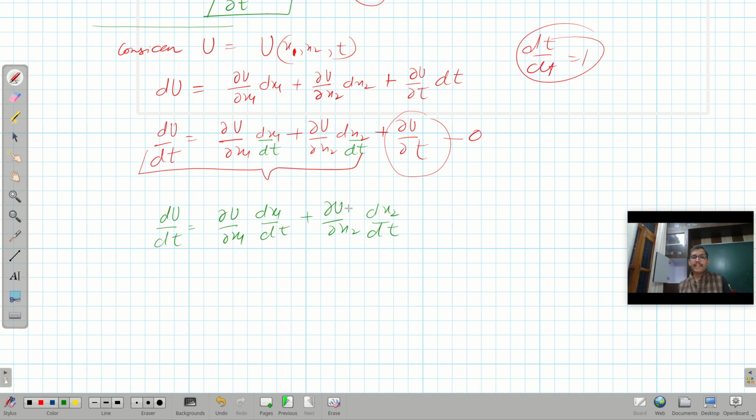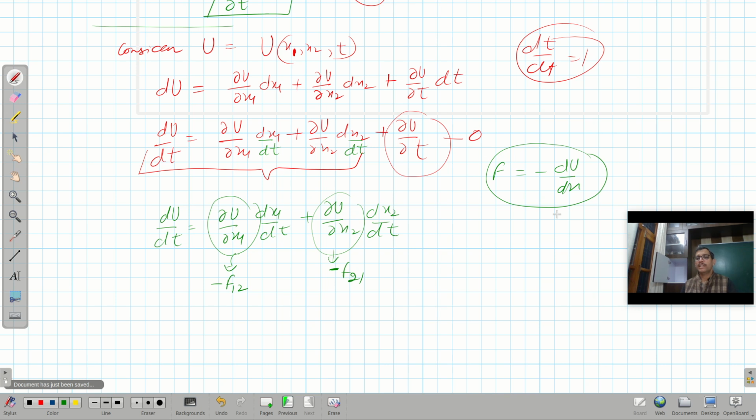As we know, the negative of the potential gradient is basically the force, as I discussed in the earlier lectures. So because of that, this term is basically F12, and this is F21, with the negative sign. We have discussed this in the earlier lectures, because force is the negative of the potential gradient: F is equal to minus dU/dx. So I should write it in this way.